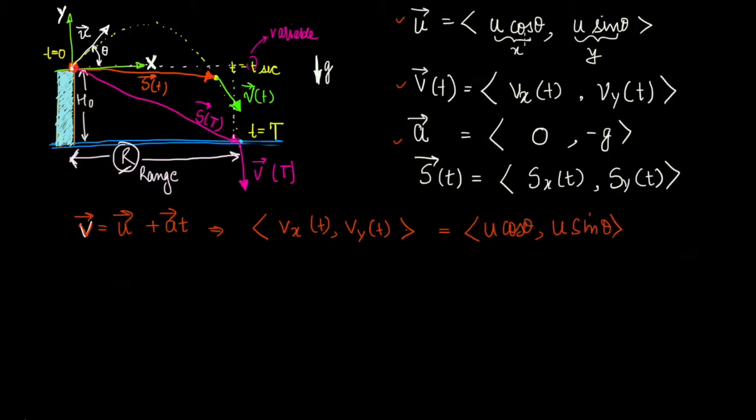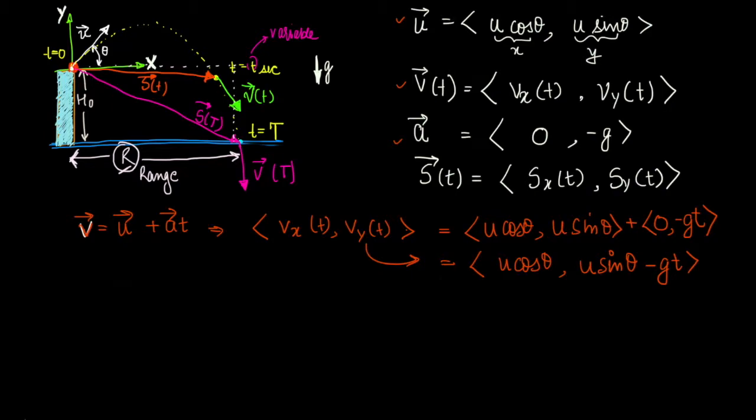I'm basically substituting the u vector there, and we're adding that to a, which is 0 minus g, multiplied by t. So 0 times t becomes 0, and g times t becomes gt with the minus sign that was already there. Now we must add the two vectors, and if you add two vectors, their components get added, so that gives you u cosine theta, and the y component becomes u sine of theta minus g of small t. So this becomes your vector.